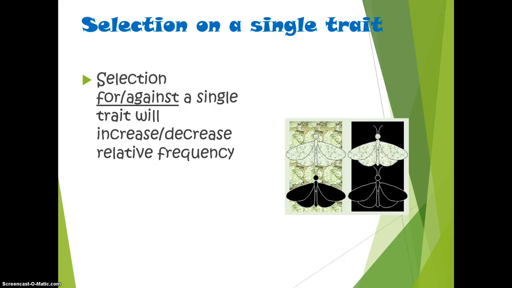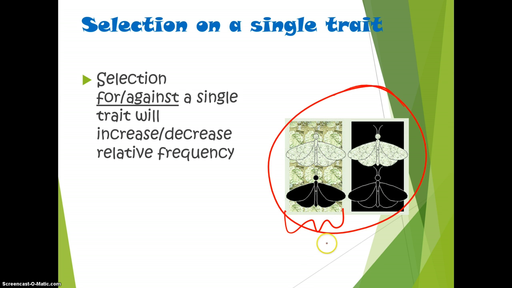Okay, selection on a single trait. There's selection for or against a single trait, and that's going to either increase or decrease the relative frequency. It just depends on the situation. This here is an example of the peppered moth, and we can talk about it more in class because we're running out of time, if you just remind me. But what happens is, just take a look. If you're a predator and you're in this kind of environment, which moth are you going to see first, the black one or the white one?